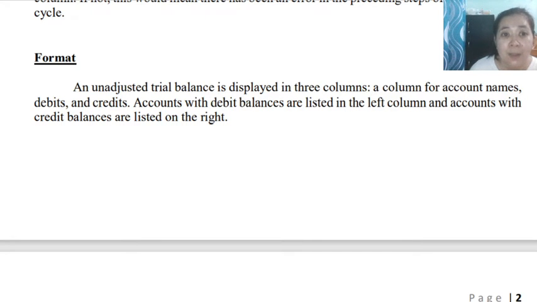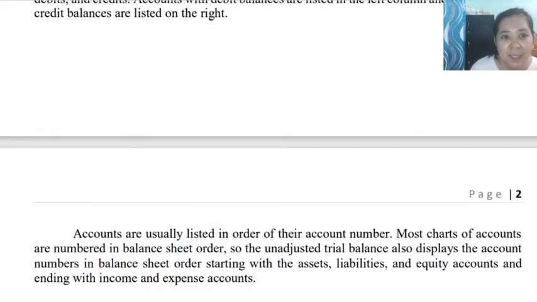And the third column will be for the credits. We all know that the debit balances will be listed in the left column facing you, and our credit balances will be listed on the right side. That's our accounting equation.